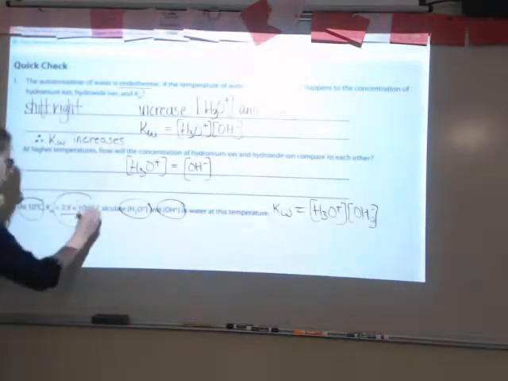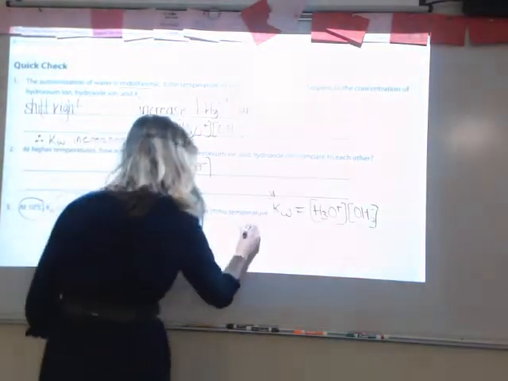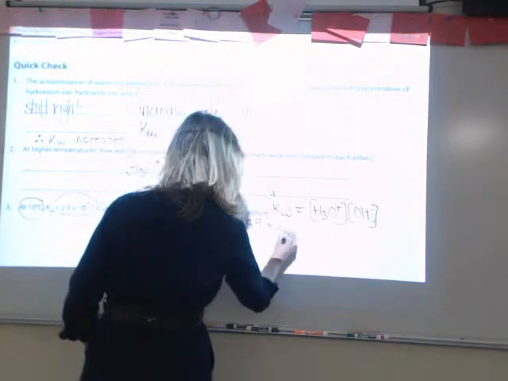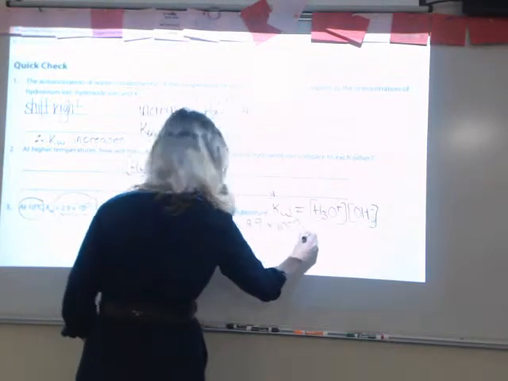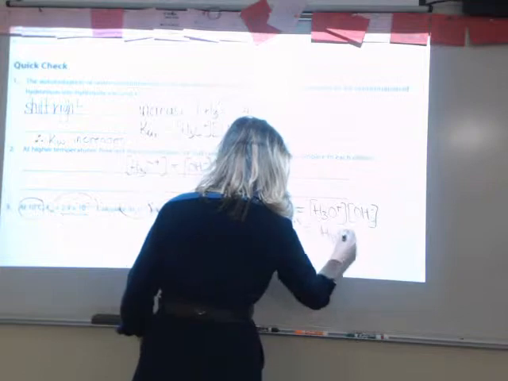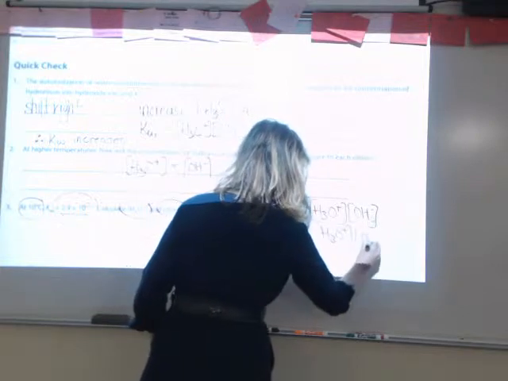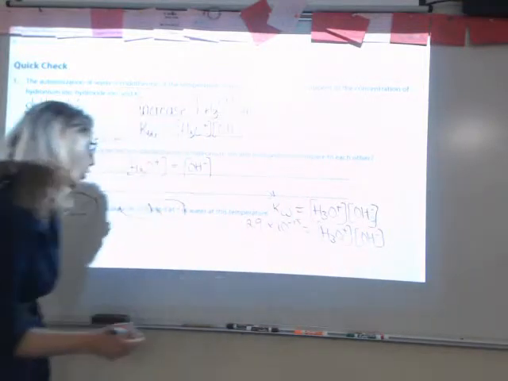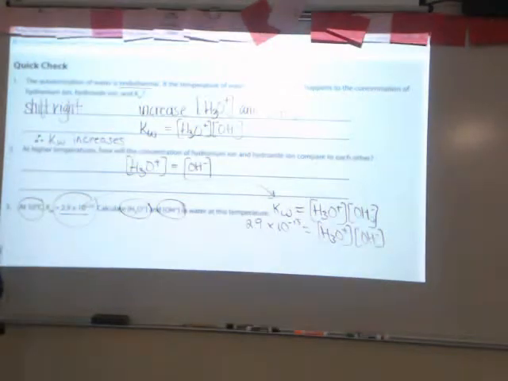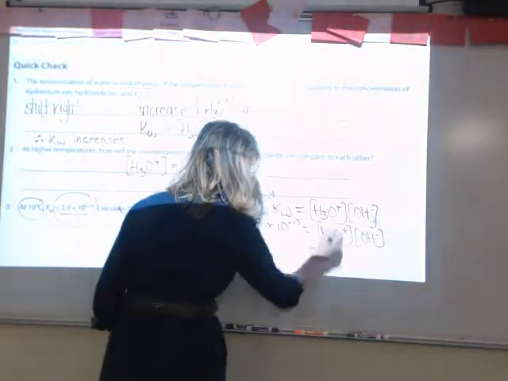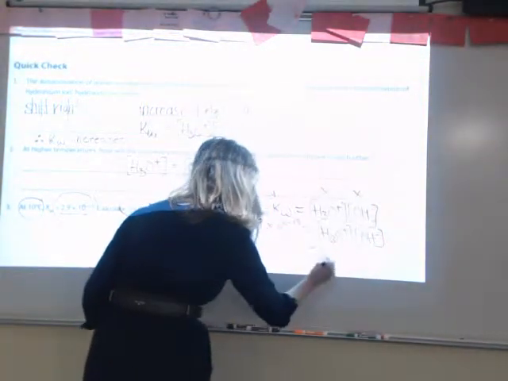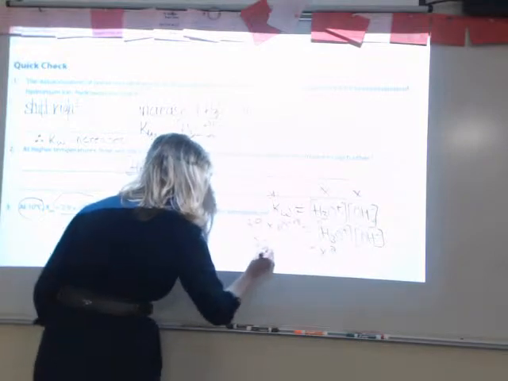So if I put this Kw value here, that would be 2.9 times 10 to the negative 15th equals these concentrations. I can use a variable for hydronium and hydroxide. Let's just substitute an x for each one, which would end up giving me x squared.